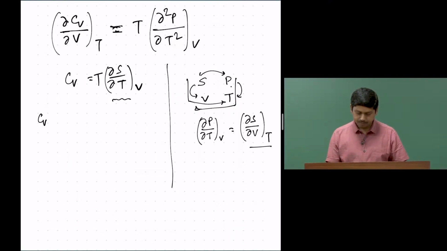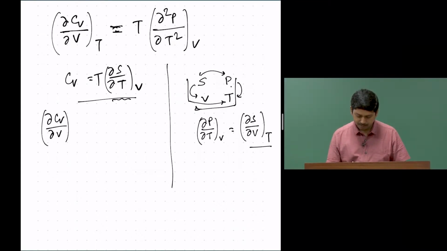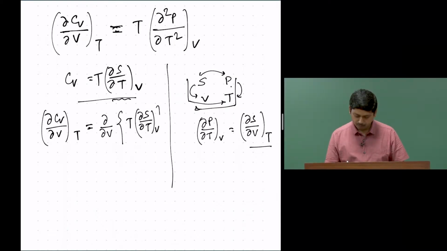So, the Cv definition is this one. Therefore, if I take one more derivative, del Cv by del v at constant T, then essentially I have to take the derivative of this entire quantity at a constant temperature. Now, if I want to do that, you see that T becomes a constant.